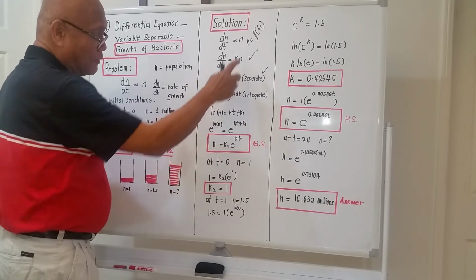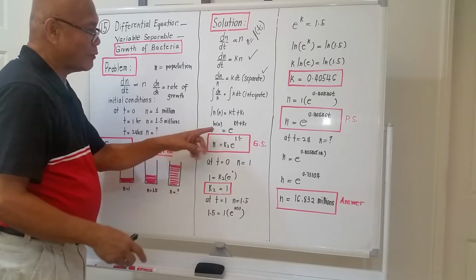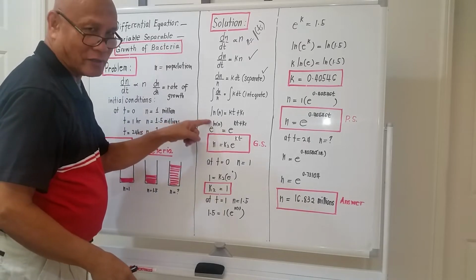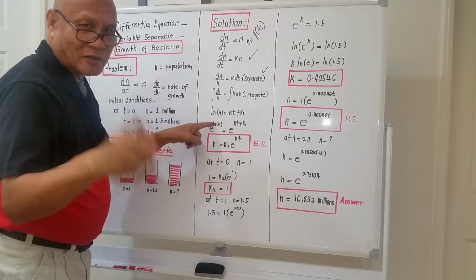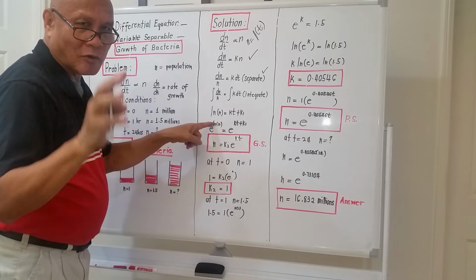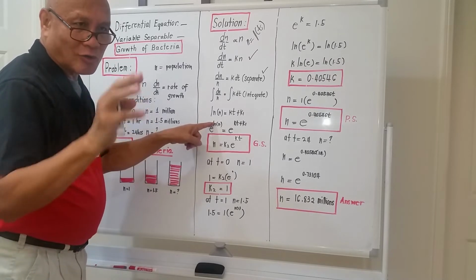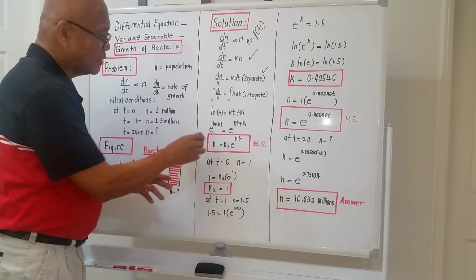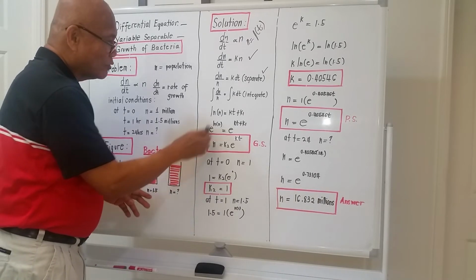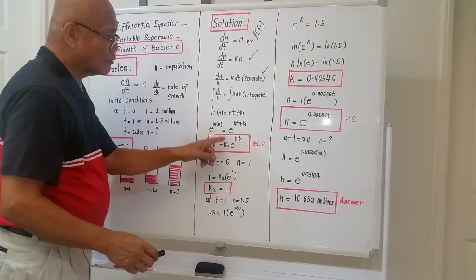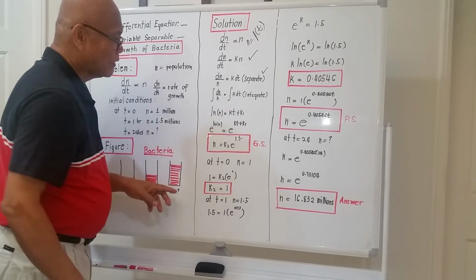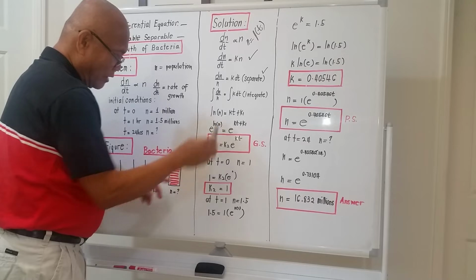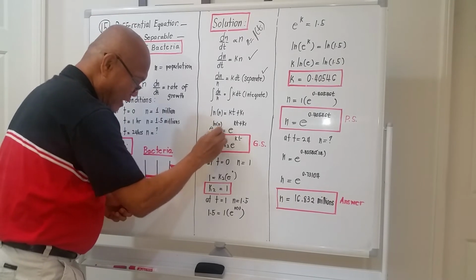We will try to compute n as a function of time, so we will try to eliminate this natural logarithm. To eliminate the natural logarithm, we take the antilog of both sides. The antilog of a natural logarithm is found by simply raising both sides of the equation to e. So e to the natural logarithm of n is equal to e raised to kt plus k1, and e raised to the natural logarithm of n is simply n.